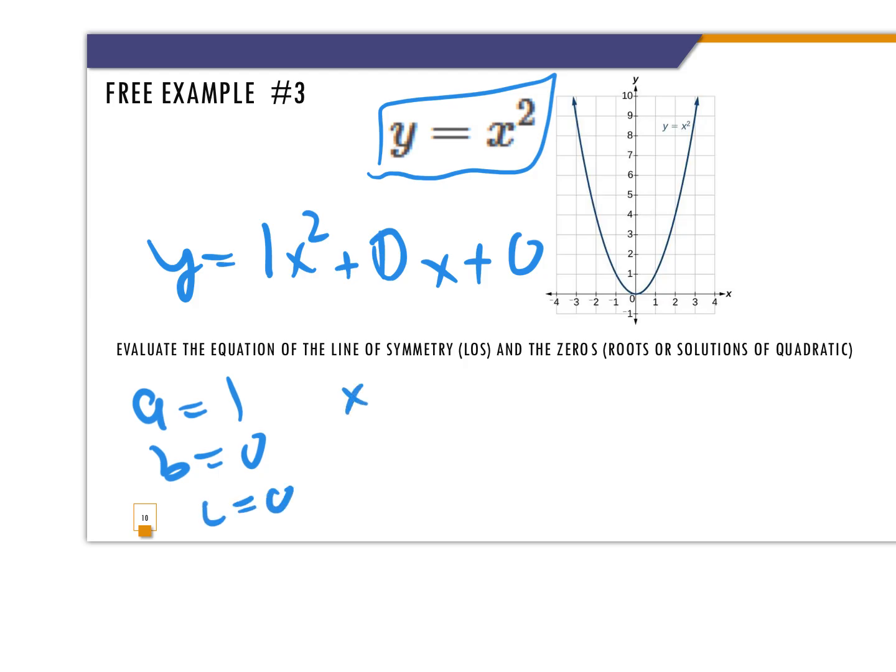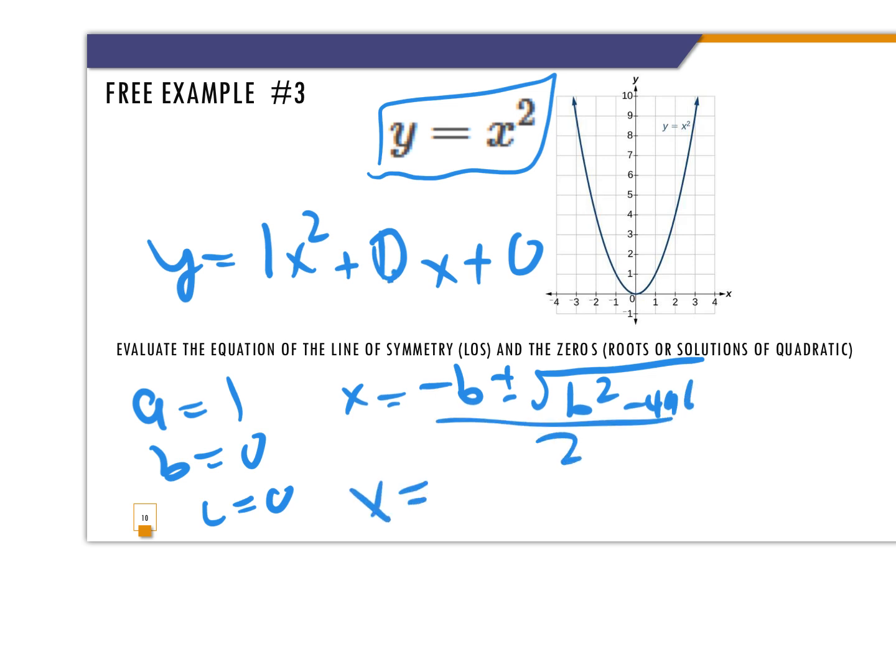So x equals to, well, I didn't do the line of symmetry, I'll do that after. Opposite of b plus or minus square root of b squared minus 4ac all over 2a. X equals the opposite of 0, which is 0, plus or minus the square root of 0 squared, which is still 0, minus 4 times a times c. Well, what's 1 times 0? 0.